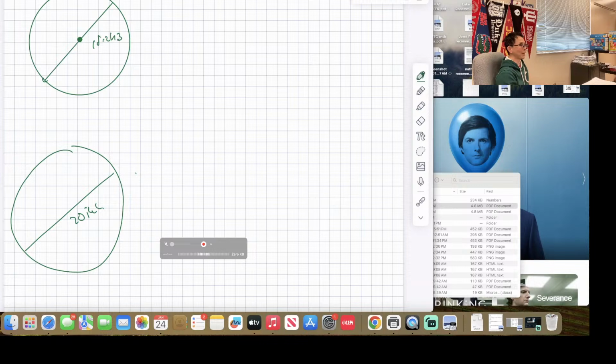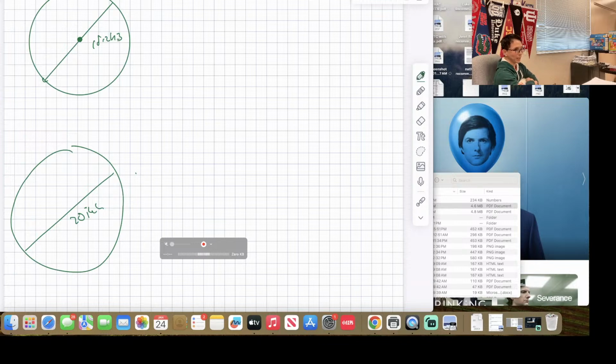Which car is going to be faster? They have the same revolutions per minute, both cars. They both are 600.